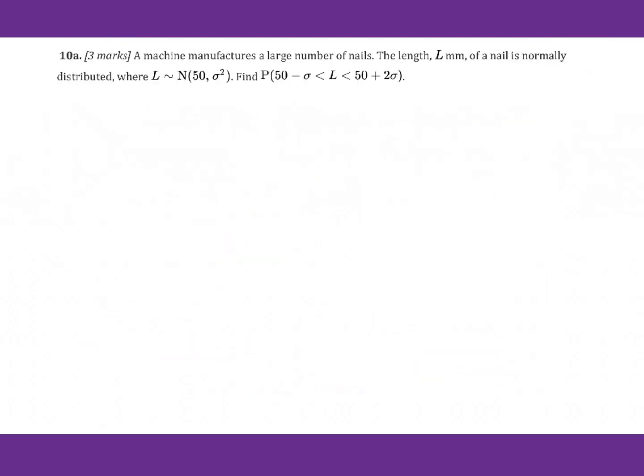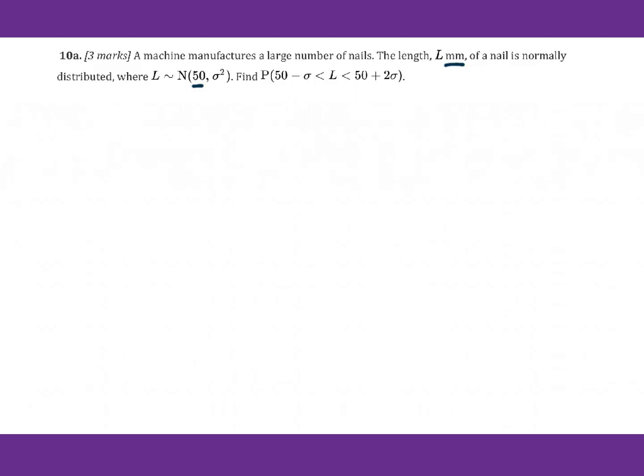Let's go to 10a. A machine manufactures a large number of nails. The length L millimeters of a nail is normally distributed where L is distributed as normal distribution 50 and sigma squared.